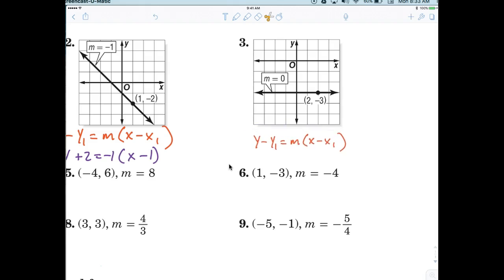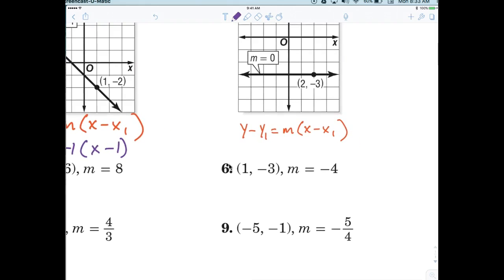Now I'm going to have Allie tell me this one. So it would be y plus 3 equals 2.